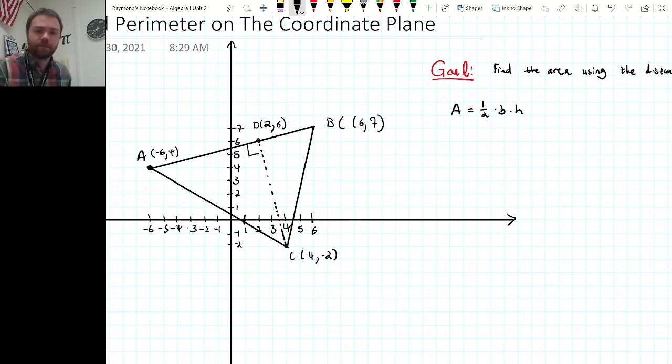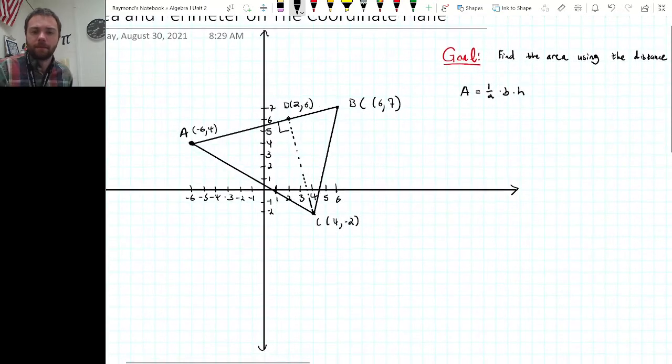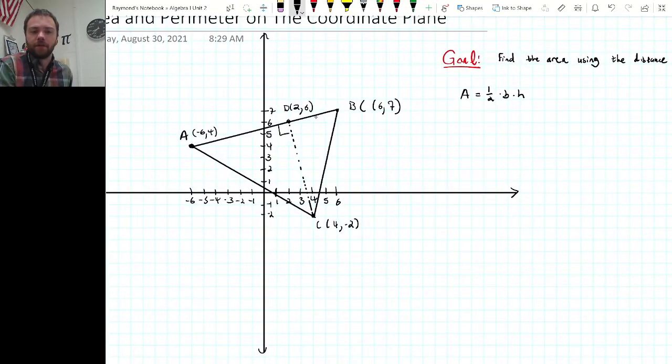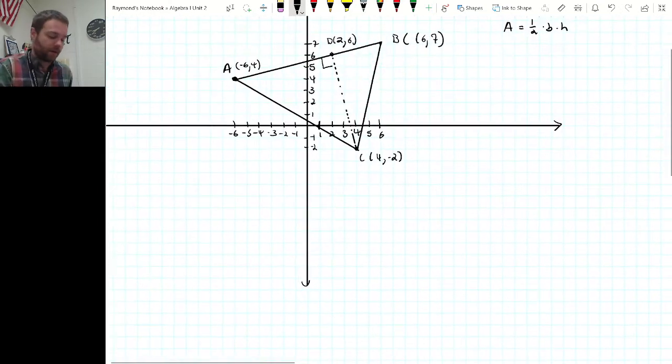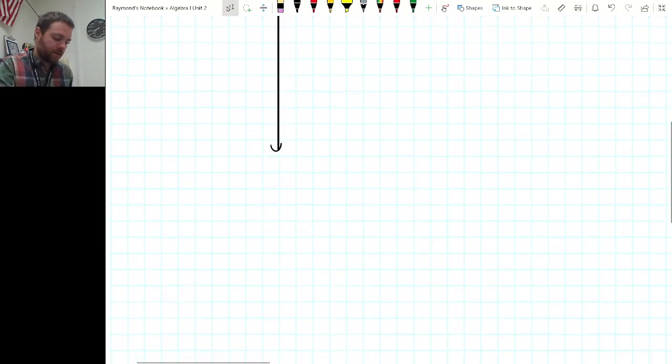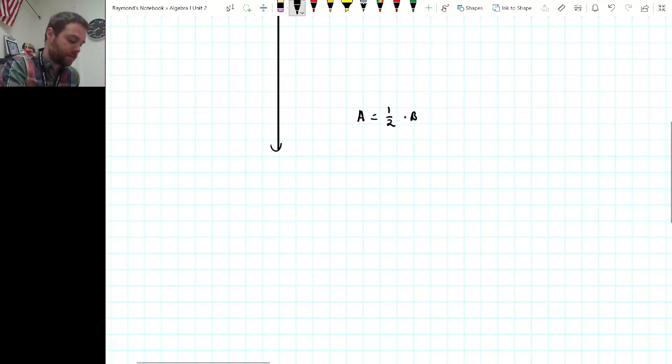So I'm looking at this figure, and what's popping out to me as the base is AB. I can rewrite this formula down here: area is equal to 1/2 the base times the height.